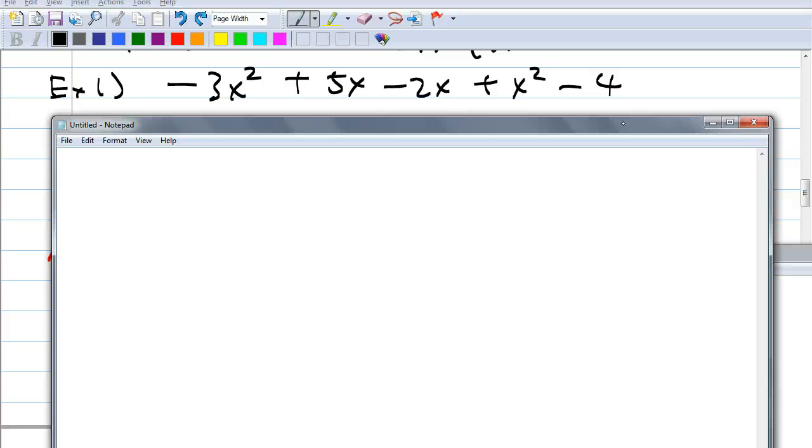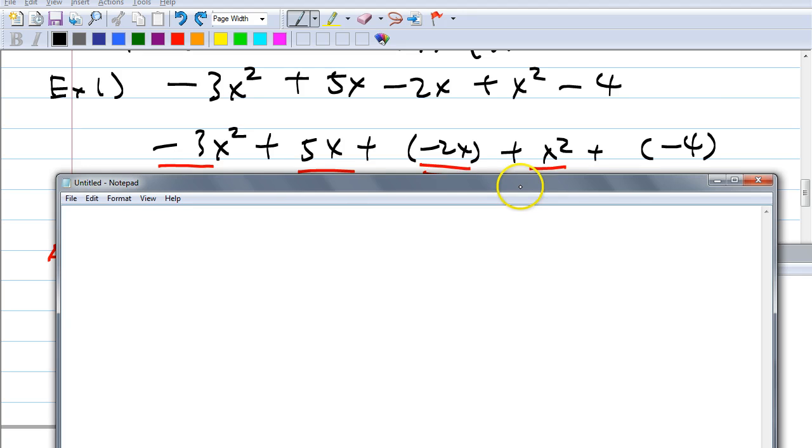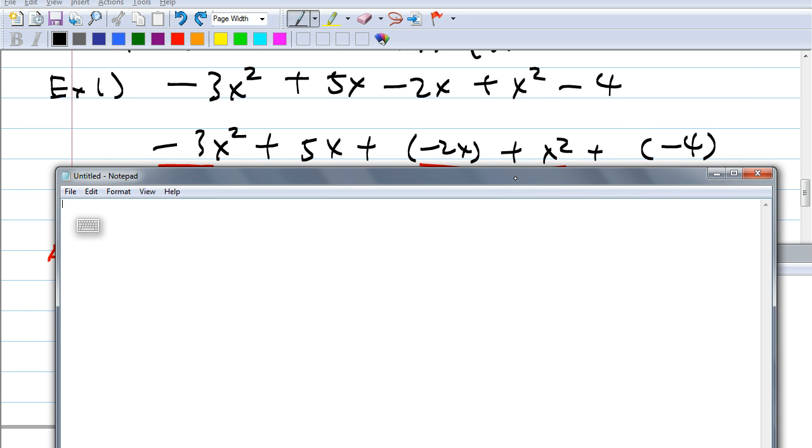Because I don't like subtraction, I'm going to use the definition of subtraction to rewrite this. That's correct. Make everything addition, adding the opposite. So I got negative 3x squared plus 5x plus negative 2x plus x squared plus negative 4.